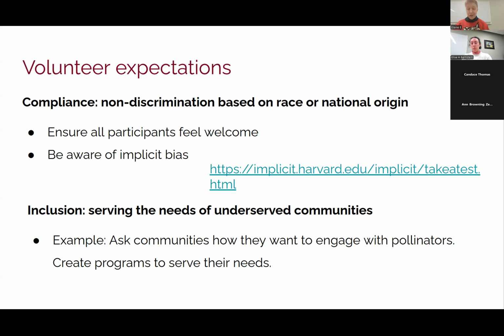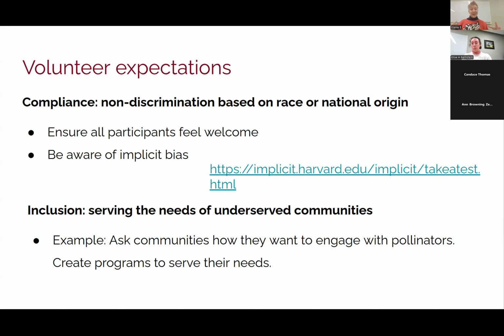And I recommend that you go through and take this test, and it helps to learn about implicit bias, learn what implicit bias you may have that you can then counteract.